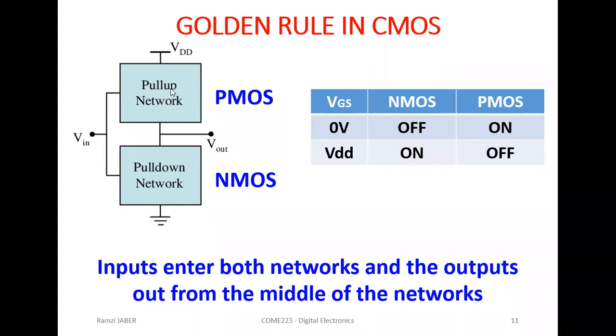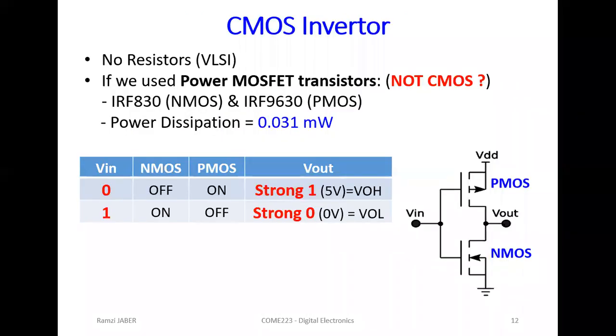So as you can see, one of them will be turned on and the other will be off. We don't have the state where both transistors are turned on at the same time. That is the big advantage in any circuit. Why? We'll see why here.